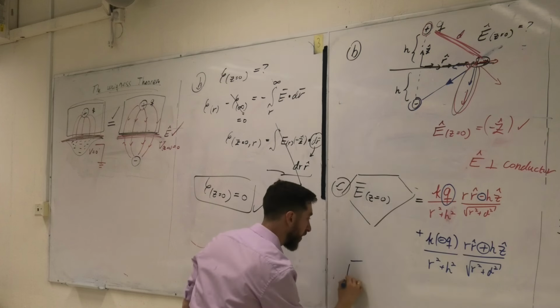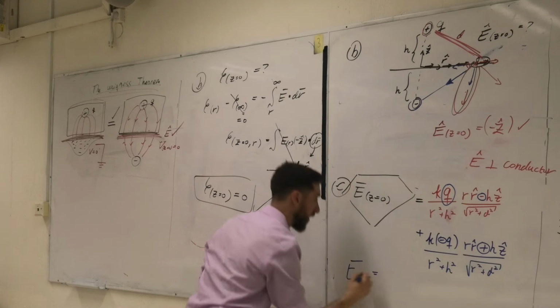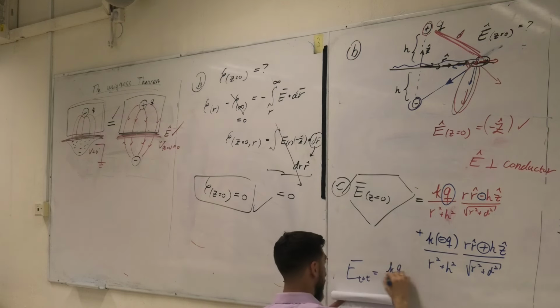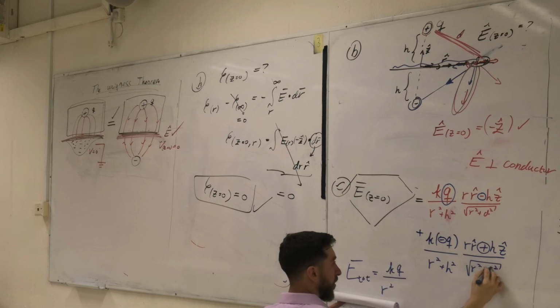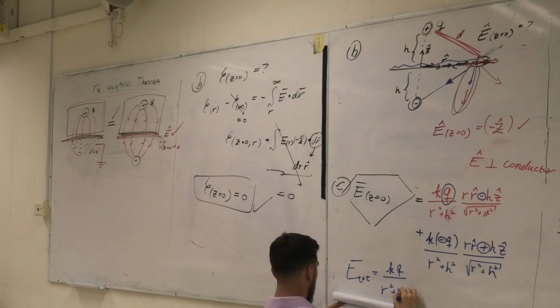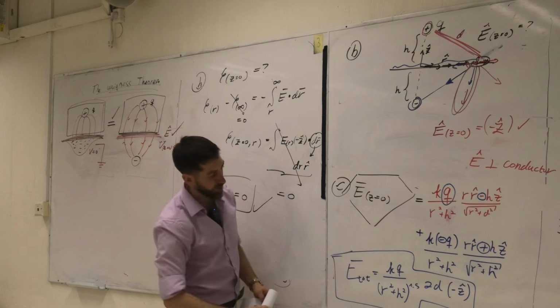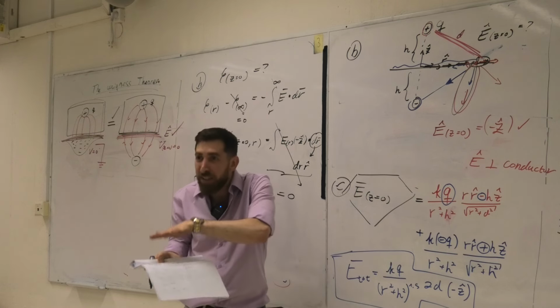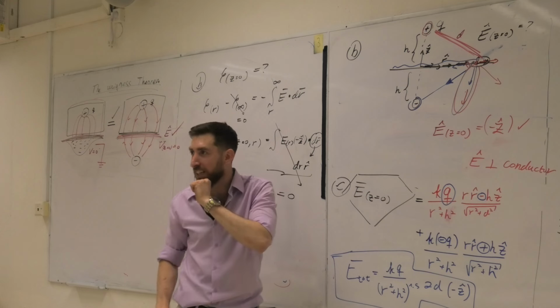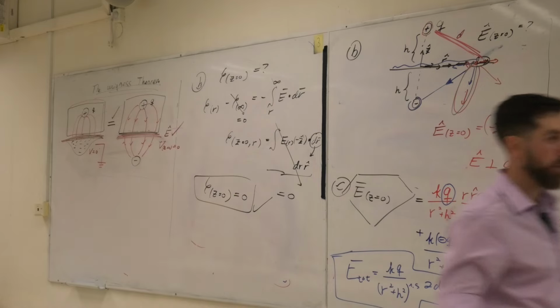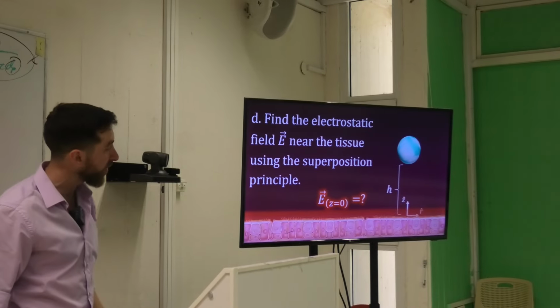And this is equal to the total electric field at any point at this height: kQ times 2d over (r squared plus h squared) to the power 1.5, in the minus z direction. So this is the electric field a little bit above the tissue, above the cells. Now, let's go to the board, to the TV. So now I know the electric field, I can do something very cool.